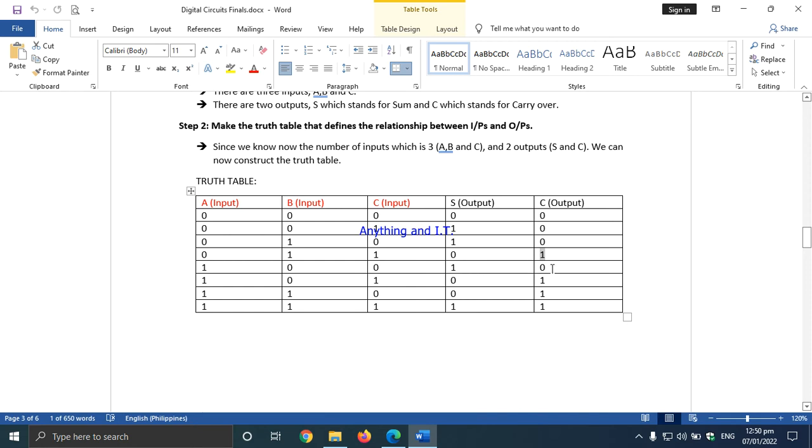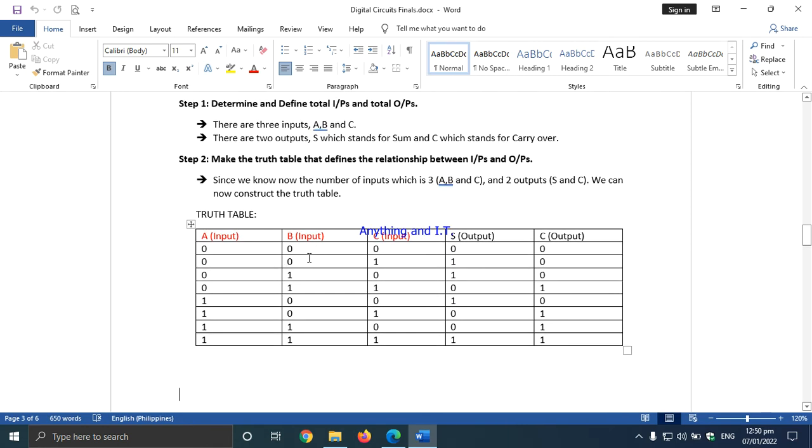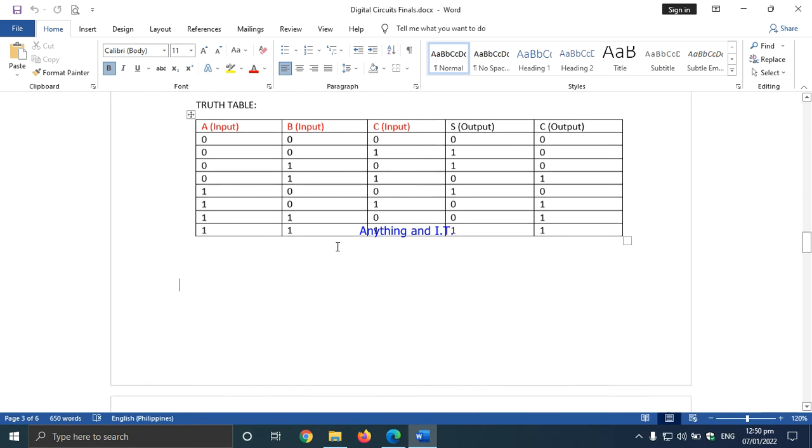We have no carryover. Still in the next row, 1 plus 0 plus 1 will be 0, carry 1. 1 plus 1 is 0, plus 0 will be 0, carry 1. And here, 1 plus 1 is 0, carry 1. Put that here. Then, 0 plus 1 will give you 1. So, this is our truth table for a 3-input full adder.